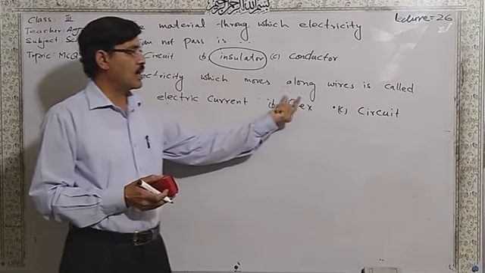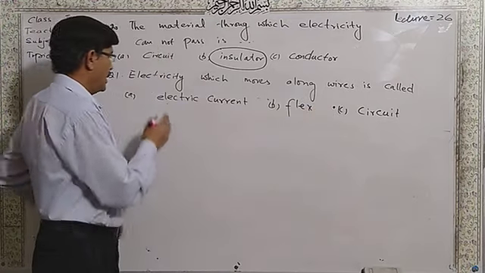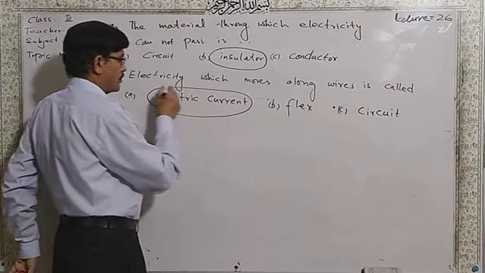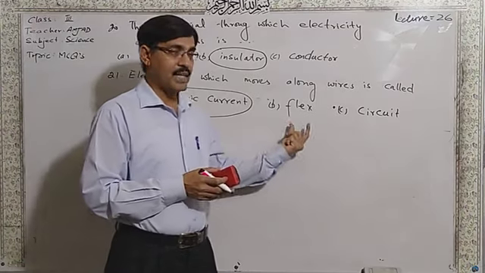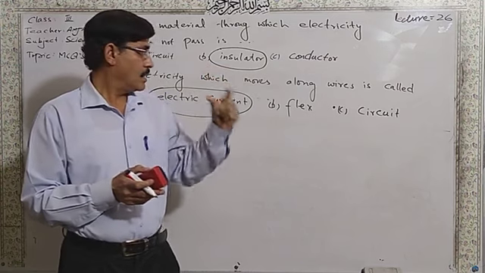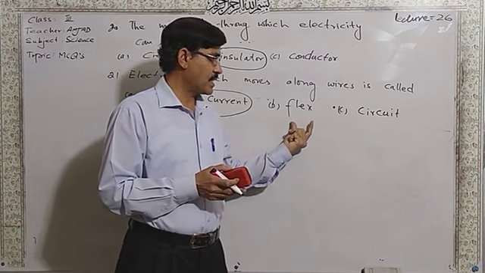Electricity which moves along wires is called electric current. In circuits we have read about this one. Flex has a cover made of plastic.